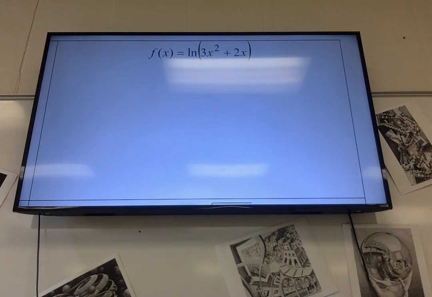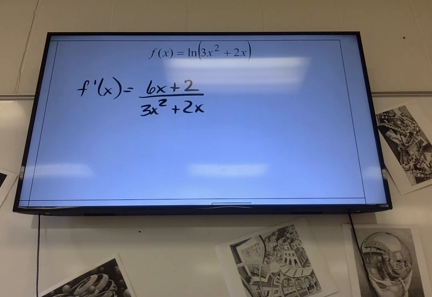Alrighty, Stephen. F prime of x, what's going to go on top? 6x plus 2. And Daniel, what's going to go on bottom? 3x squared plus 2x. And can I simplify anything? Not really, it's perfectly fine like this.